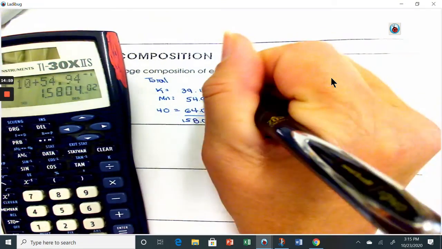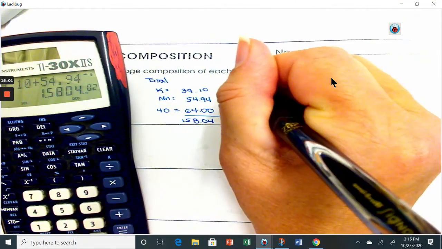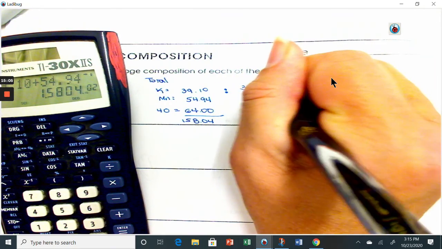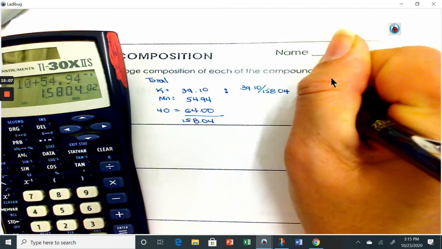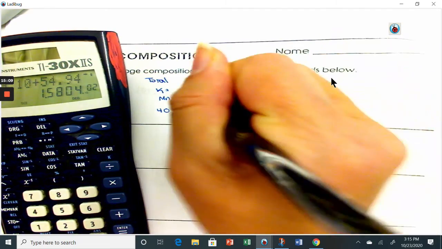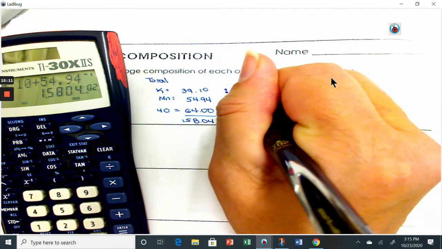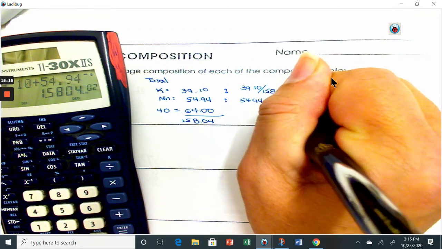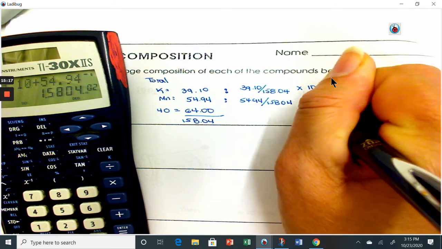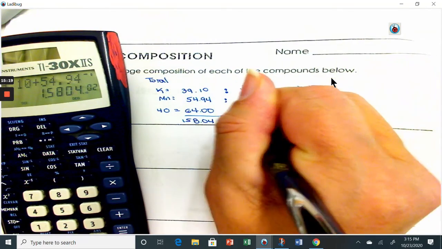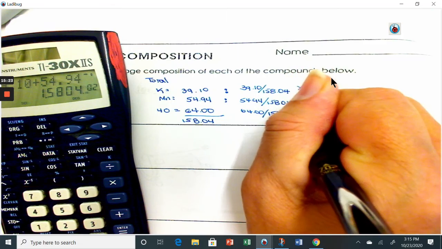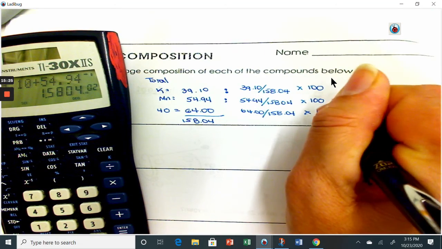Now to find the percentage of potassium, I'm going to take 39.10, I have to divide it by the total, and then I'm going to multiply by 100. Same thing, manganese, 54.94 divided by the total, multiply by 100. 64 divided by the total, multiply by 100.